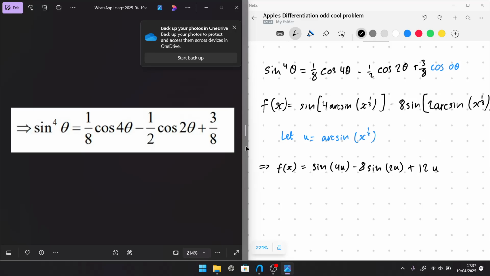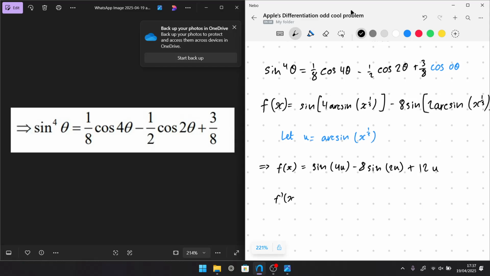I need 4 times, but then 12 over 8 is 3 over 2, so the numbers are wrong, which doesn't let me do this. If this was an exam, I'd just differentiate like normal.